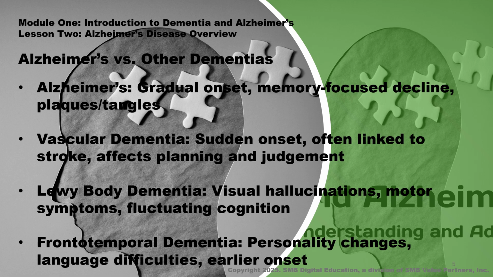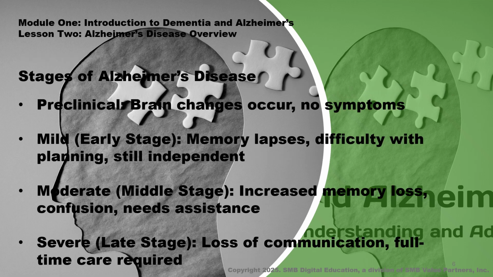Now let's examine the stages of Alzheimer's progression. Alzheimer's progresses through distinct stages. In the preclinical stage, brain changes like plaque buildup begin, but there are no noticeable symptoms. In the mild stage, individuals may forget recent events or struggle with planning, yet they can often live independently.